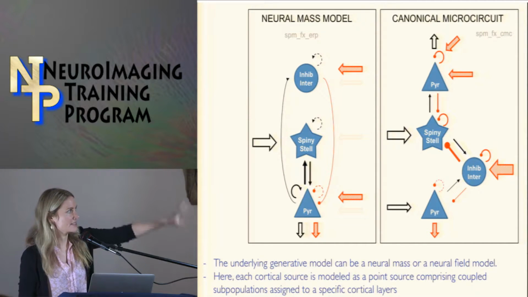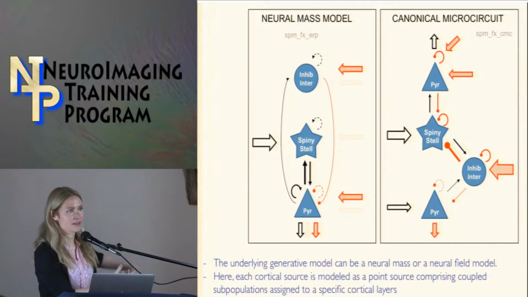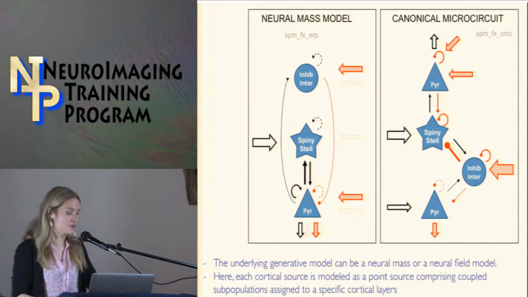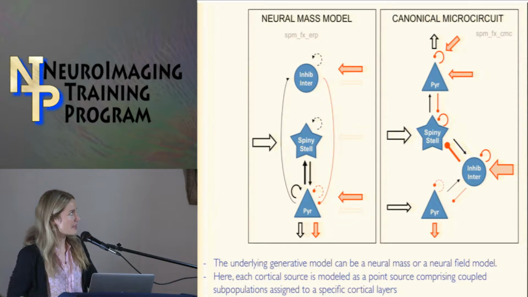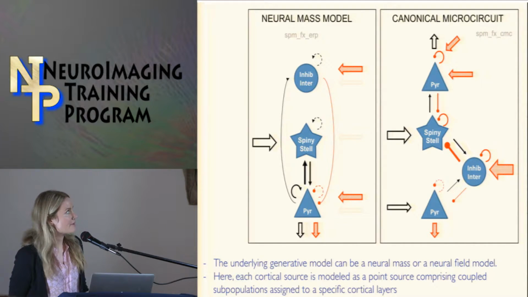This model sits underneath the lead field model that I talked about, where you estimate the sources. On the left, we have a typical neural mass model, and on the right, we have the canonical microcircuit model, which is a mean field model. In DCM, this example of the neural mass model is implemented with the function SPM_fx_ERP, and on the right, SPM_fx_CMC, canonical microcircuit.